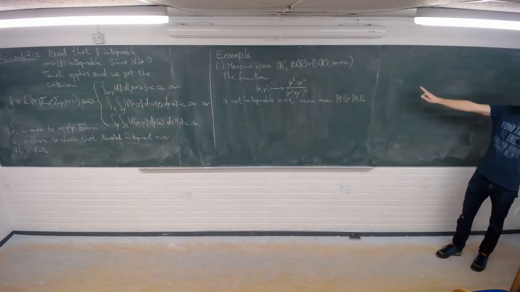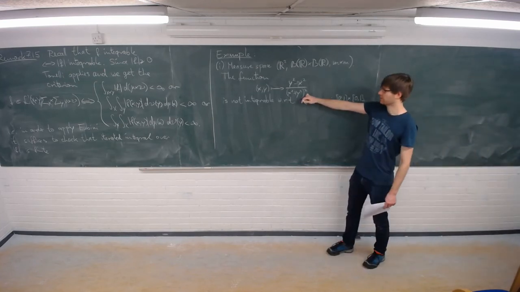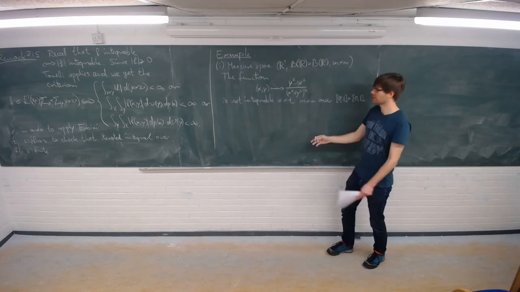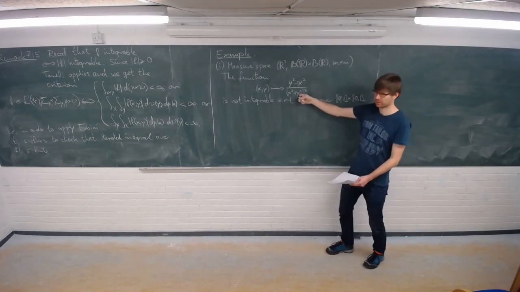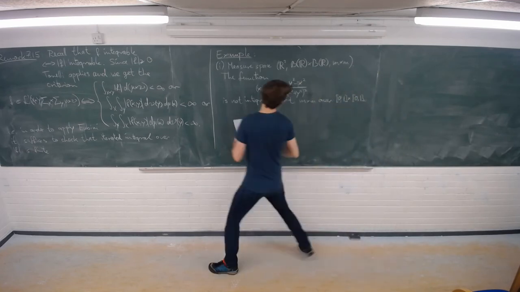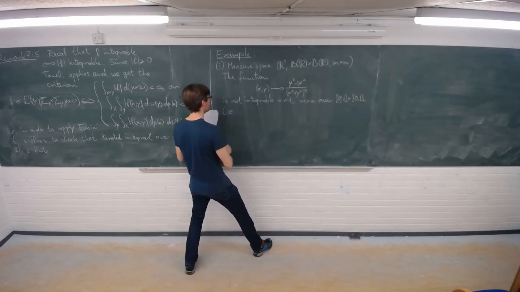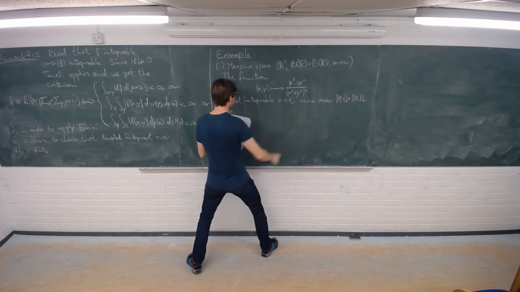So Tonelli does not apply to this function. And now we're going to show that Fubini also does not apply to this function, which is as it should be, because otherwise the iterated integrals could be swapped, right? But they can't. We know that. So Fubini also does not apply, because it's not integrable over this square.